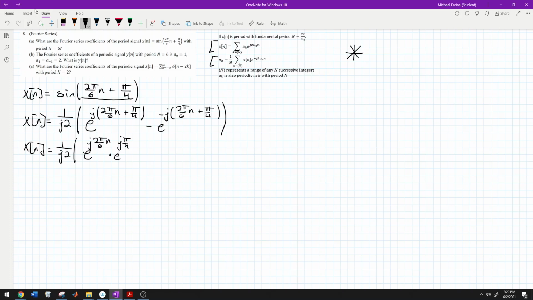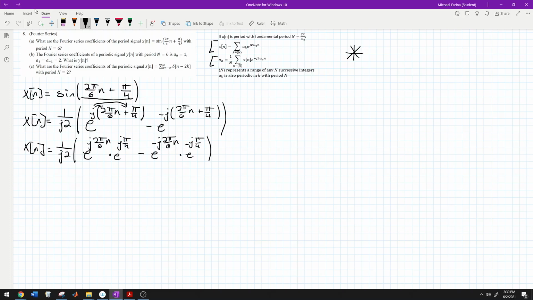All I did here was distribute this j in right here and right here, and then separate the exponents using the multiplication. And that's minus e to the negative j 2 pi over 6 times n times e to the negative j pi over 4.